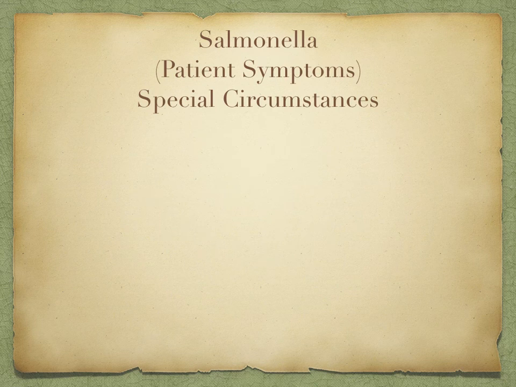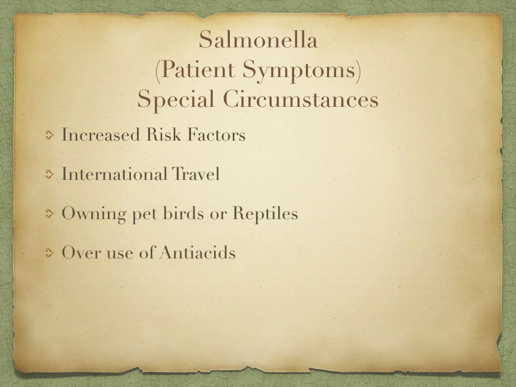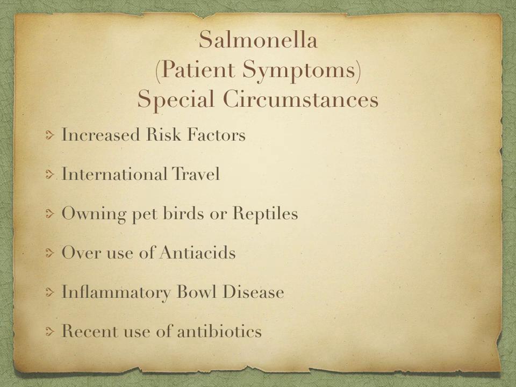There are special populations that need to take consideration in harm reduction around possibly being infected with salmonella. Some populations with increased risk factors are the young or the old, people who travel internationally a lot, those who own pet birds or pet reptiles, those who overuse antacids, who have inflammatory bowel disease, or who recently used antibiotics.